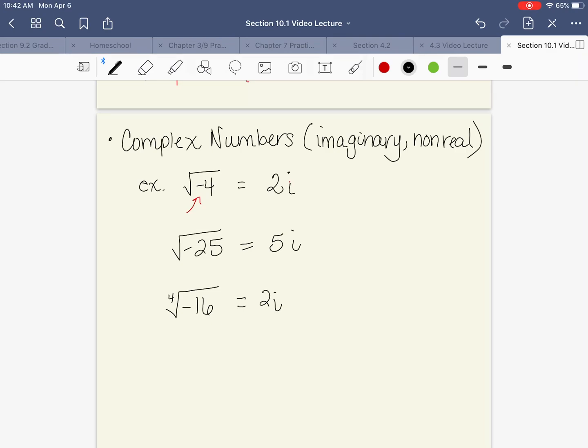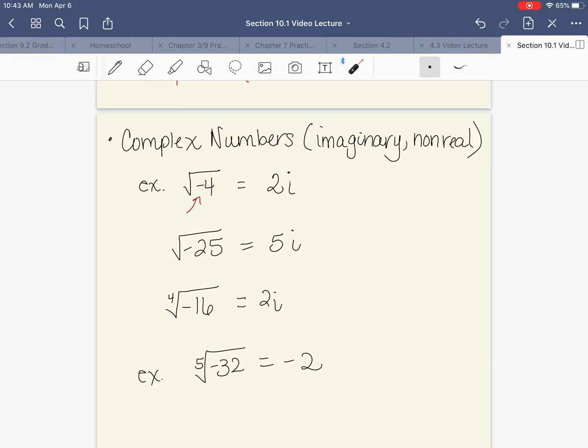But if I had the fifth root, so for example, the fifth root of -32, that would equal -2 because there are 5 numbers that you would multiply together to get the number under the radical. So if it's an even index, like a 2 or a 4 or a 6 or an 8, and you have a negative under the radical, it's imaginary.